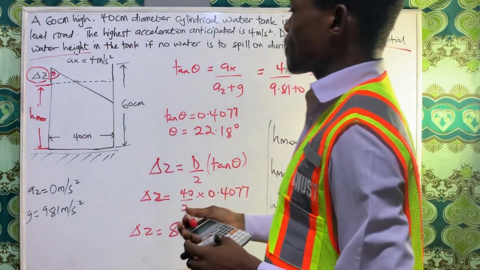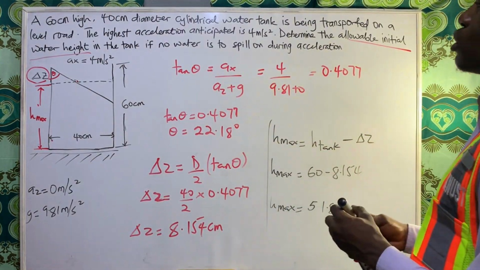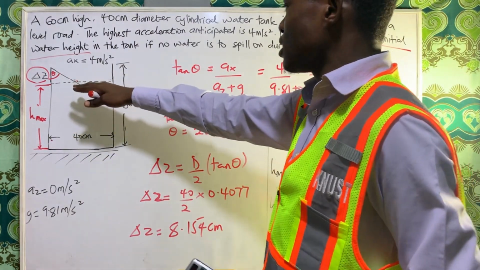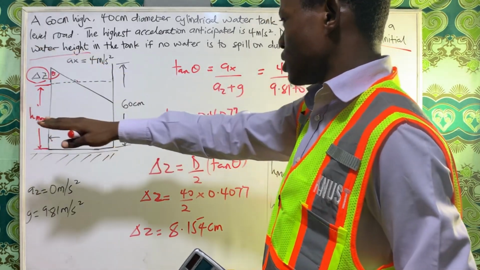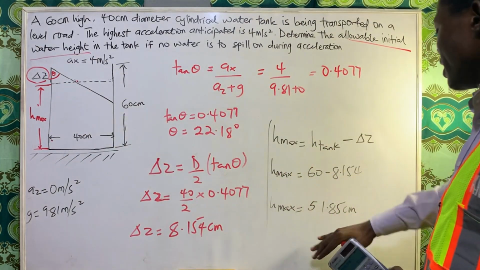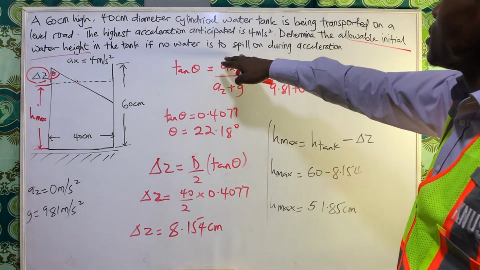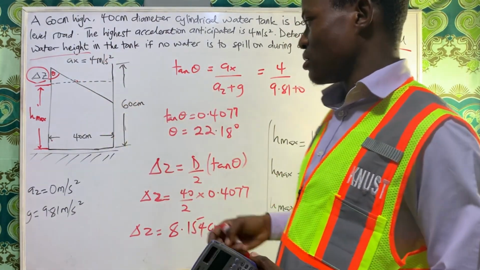This is the maximum allowable initial water height. Above that, the liquid inside will spill out, so we are supposed to maintain this height, otherwise there will be spillage with the acceleration that we have here.